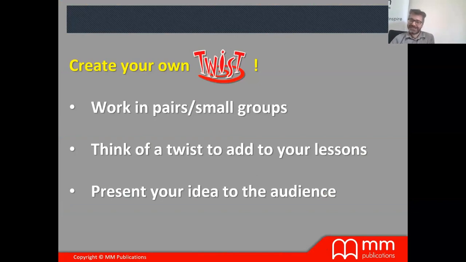You're 350, so it's impossible to split you in groups. I want you to work individually and think of another twist that you can add to your lesson, something unusual, a different way of delivering any of the 4 skills: reading, writing, speaking, or listening. It's up to you. Okay, and present it to us.